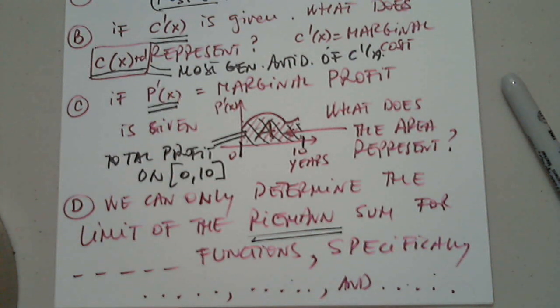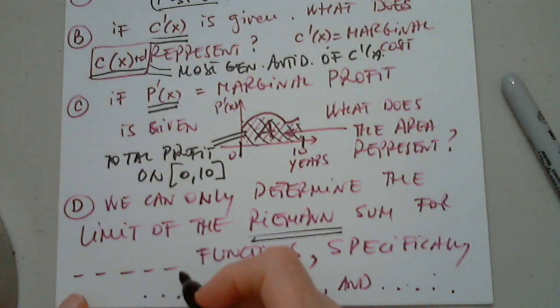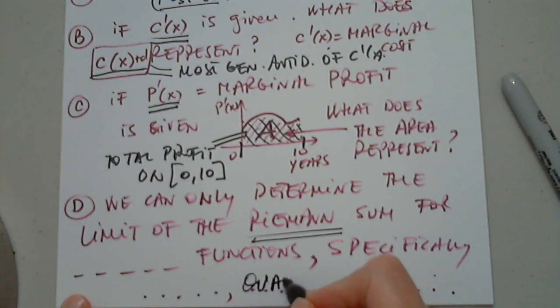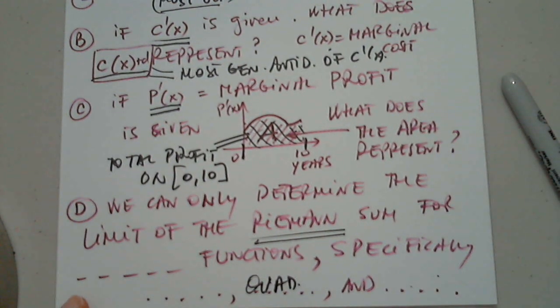We are very restricted, very limited. We can only determine the limit of the Riemann sum only for specific functions, only one group, specifically from that group. Is it quadratic? Quadratic. Linear and cubic?